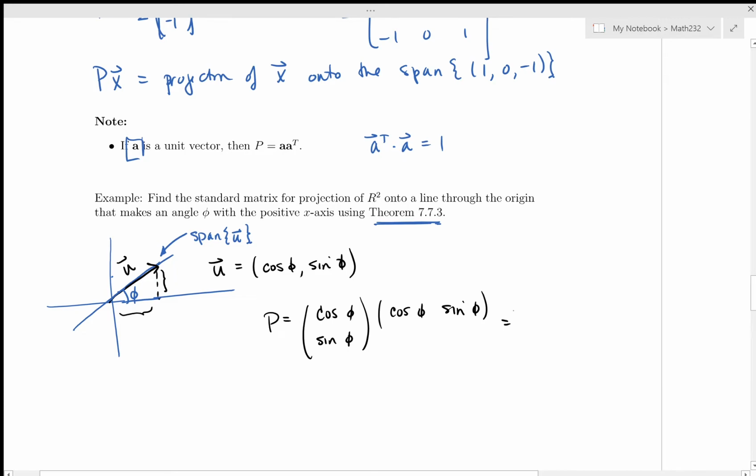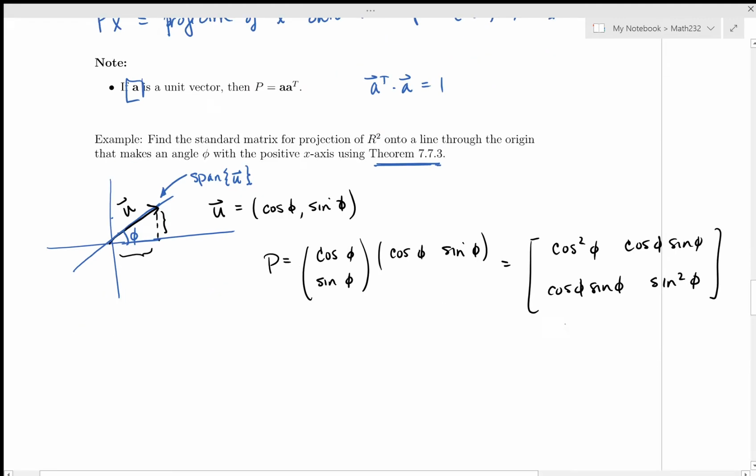I get a matrix: cos squared phi, cos phi sine phi, cos phi sine phi, and sine squared phi. And that's exactly what we saw before, and it was reprinted on the first slide. So we can easily get this now by thinking of this in the right way.